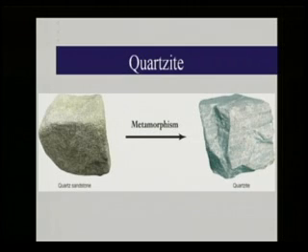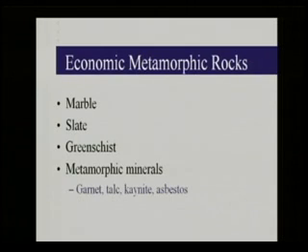What is the economic value of metamorphic rocks? Well, marble is used in building materials as well as sculpture. Slate is used for roofs. It was the basis of our blackboards in schools for many, many years. Whiteboards have now replaced that.